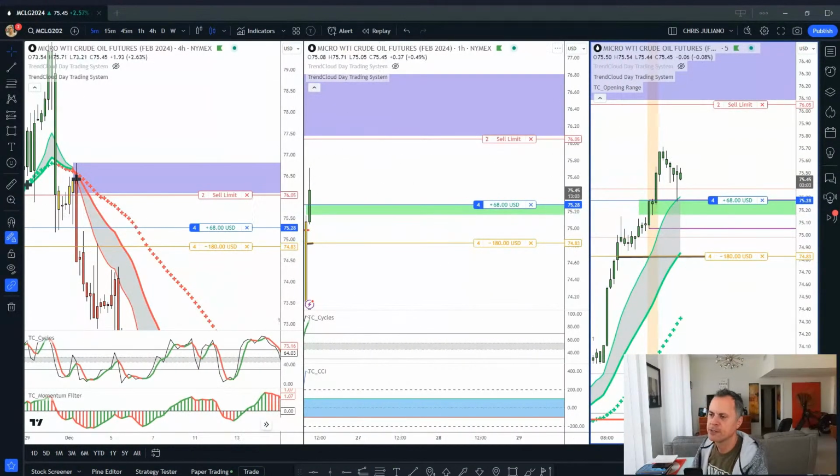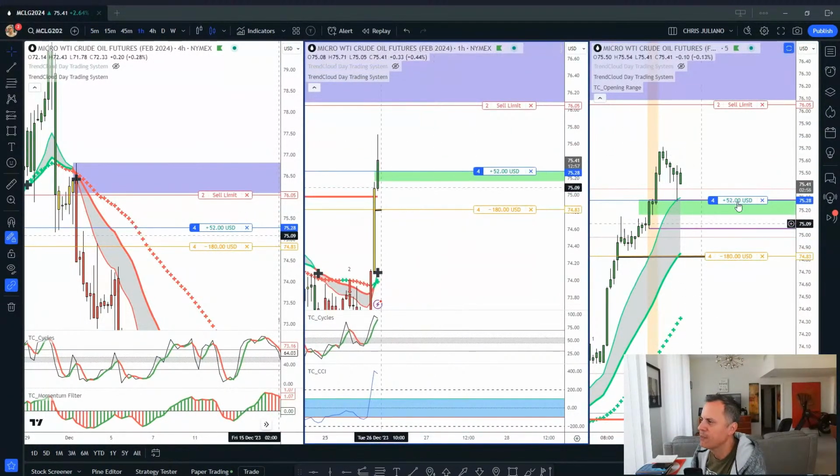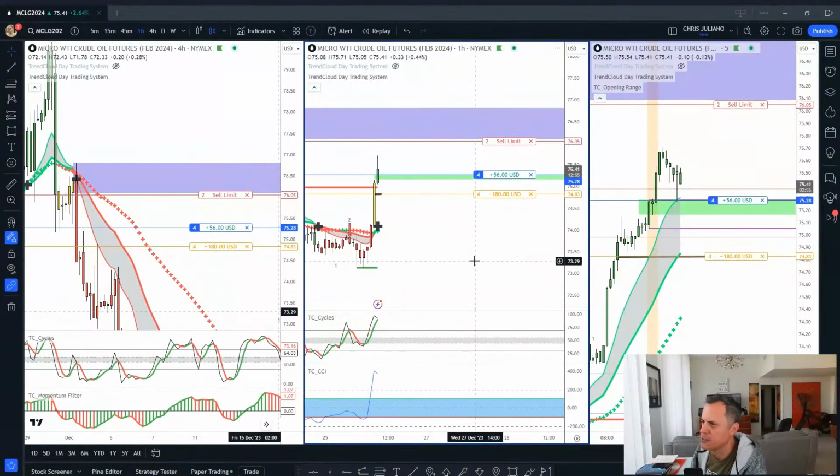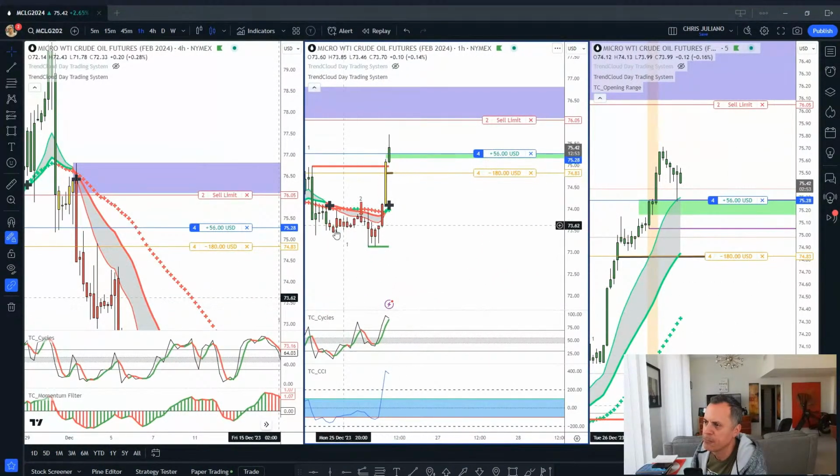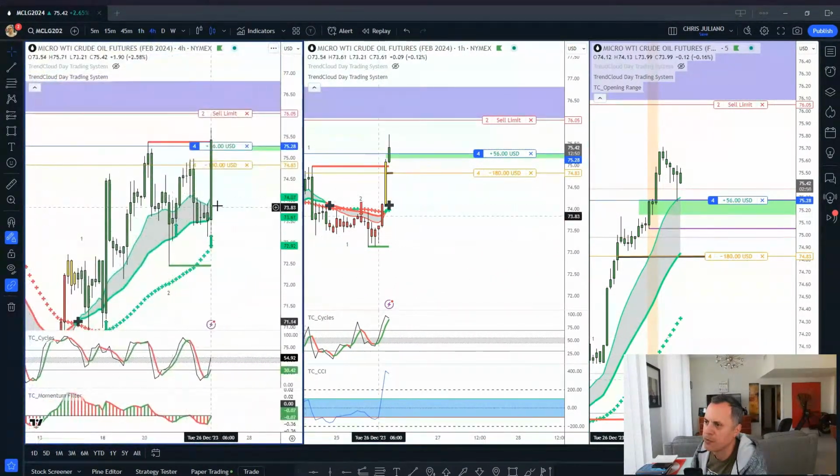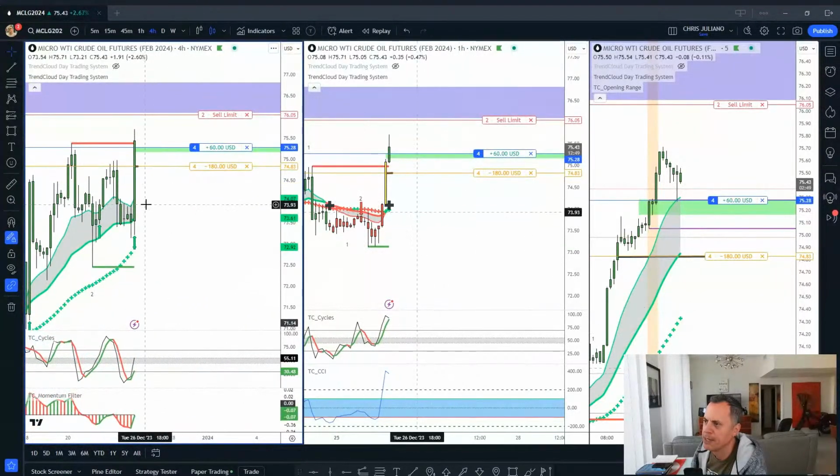So if you're just joining us right now, you can see we're in this crude oil trade, and we set this up because we are in an uptrend on both time frames, high time frame, middle time frame, uptrend, right? And you can clearly see that on the trend cloud.